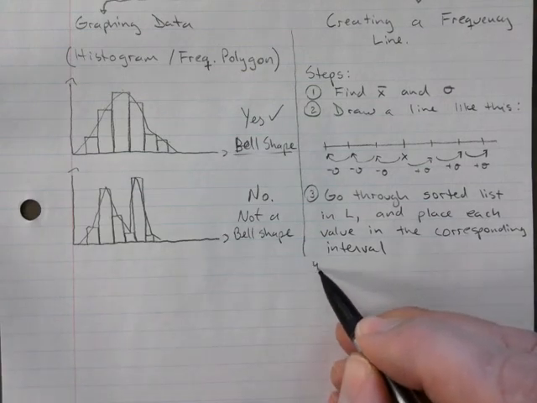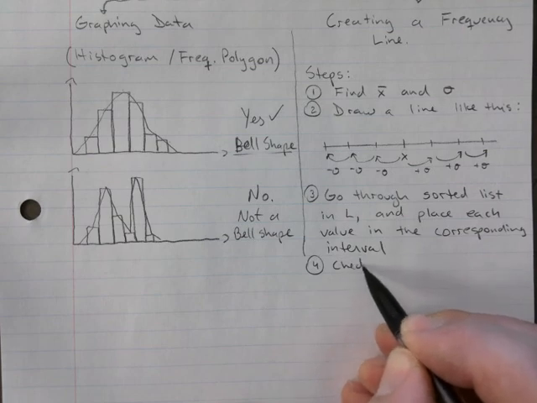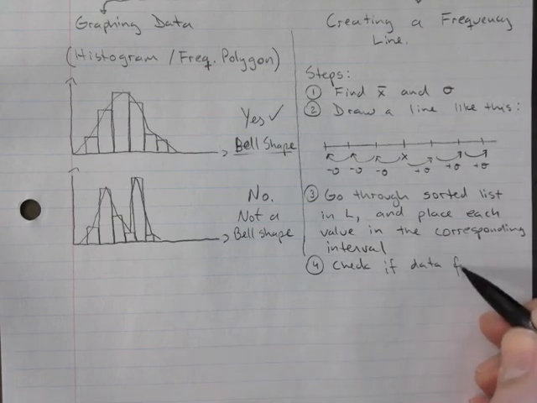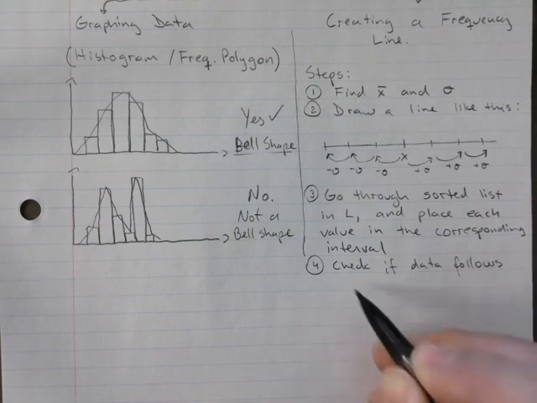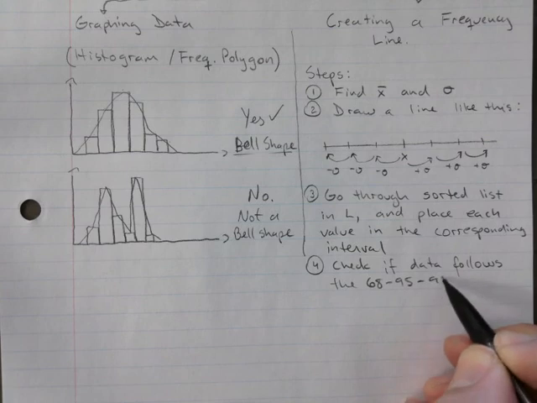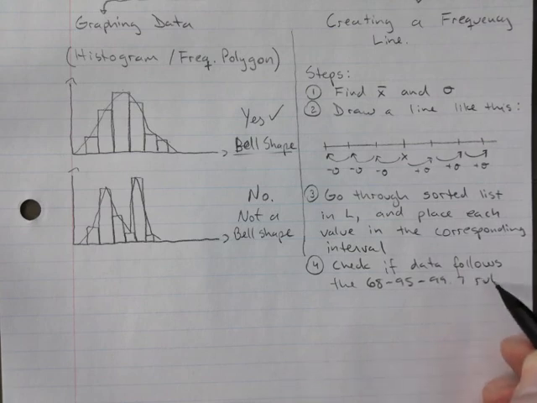Okay? Check if data follows the 68, 95, 99.7 rule. That's it.